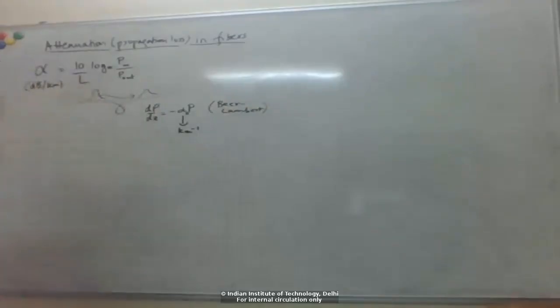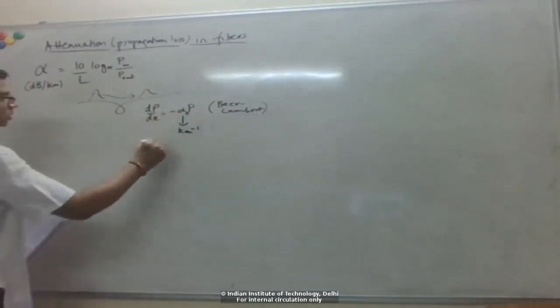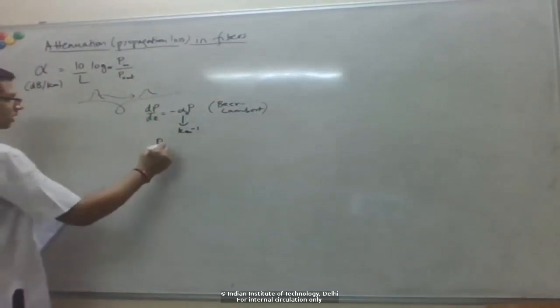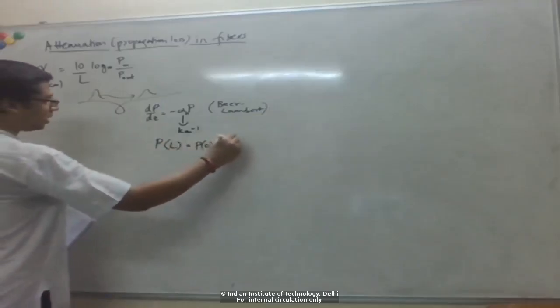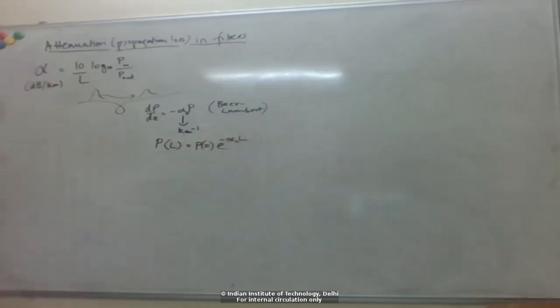of loss, the power loss in an electromagnetic wave in a lossy medium, right? So you know that. If you just integrate this equation, then the power after a length L is the initial power times this exponential factor. So you can try to compute this alpha in dB per kilometer in terms of this alpha sub n, which is in per length.